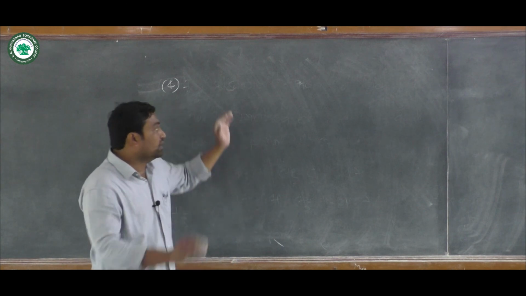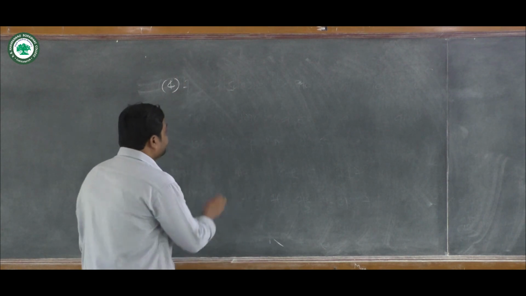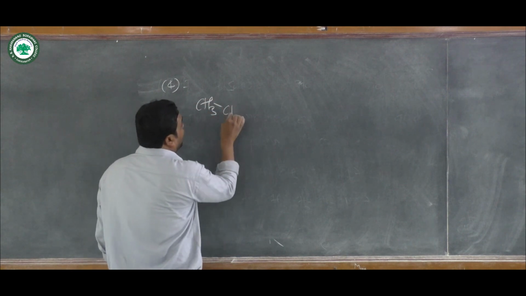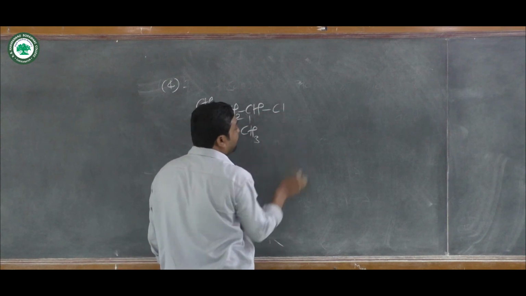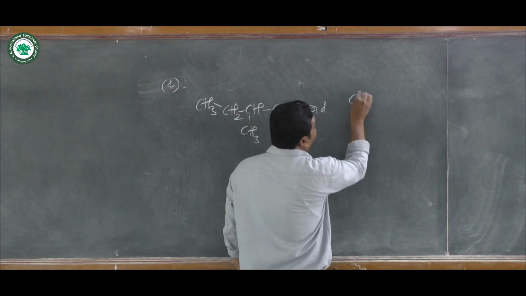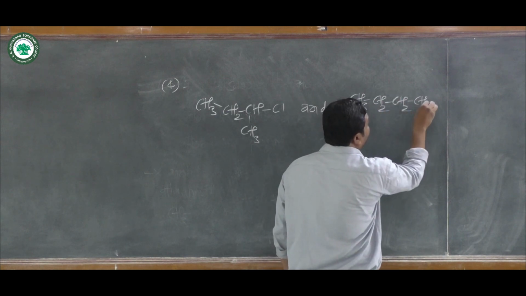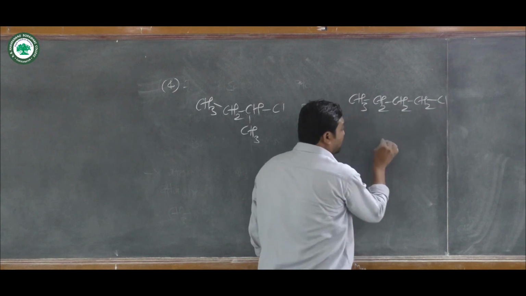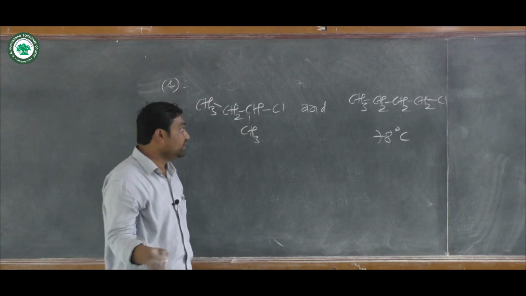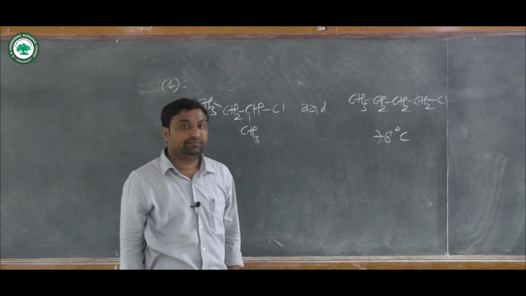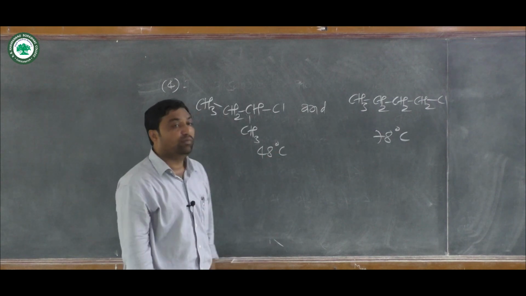When we consider an example of isobutyl chloride and N-butyl chloride, we know that N-butyl chloride has 78 degrees Celsius as its boiling point, whereas isobutyl chloride has 48 degrees Celsius as its boiling point.